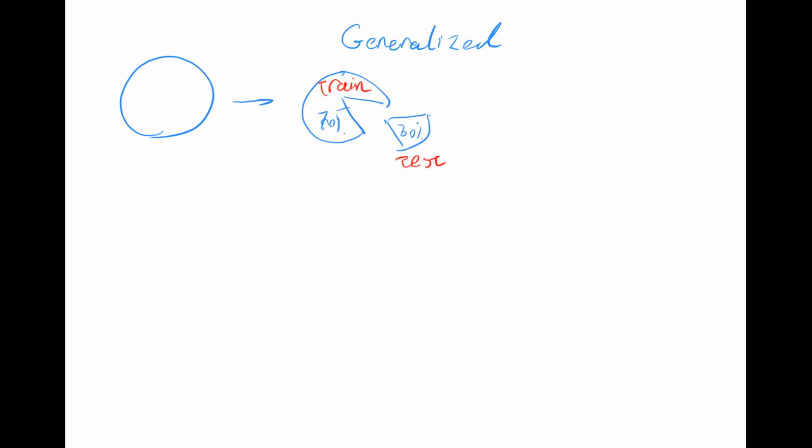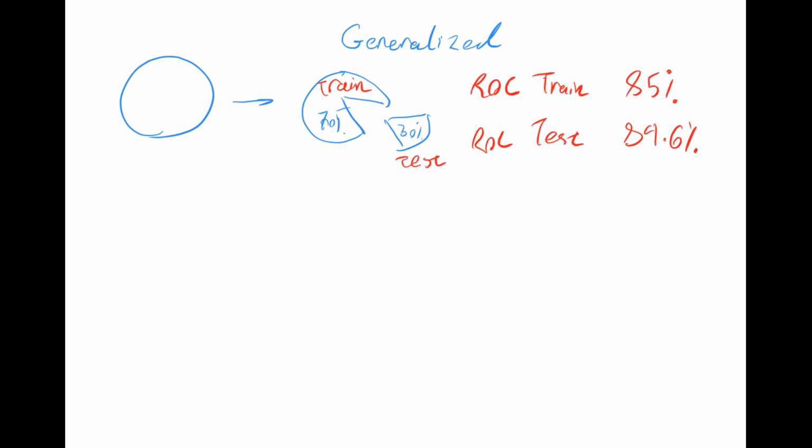If accuracy or ROC, let's say we're talking about ROC, if the ROC on my train is 85%, and the ROC on my test is 84.6, pretty high and almost close to each other.